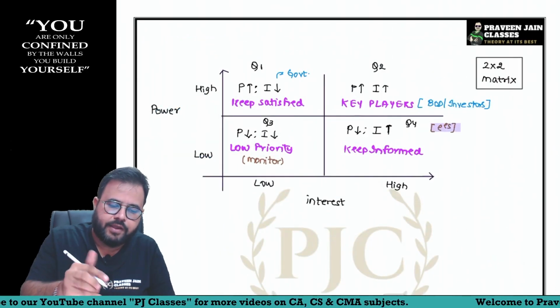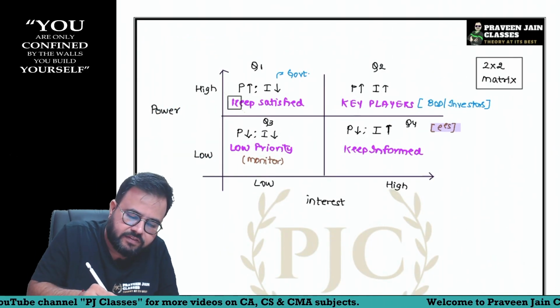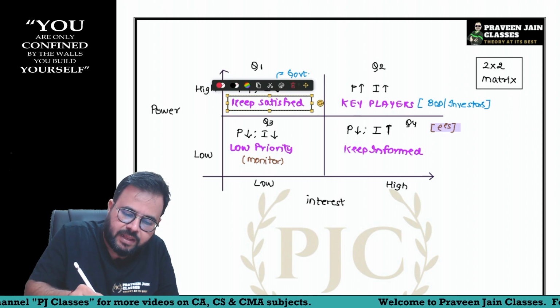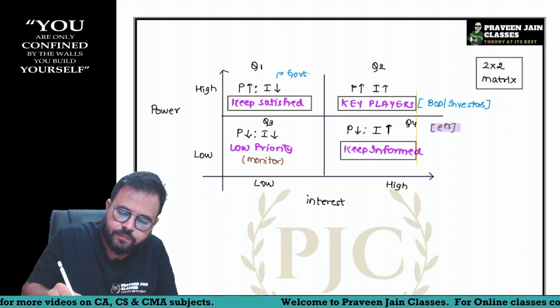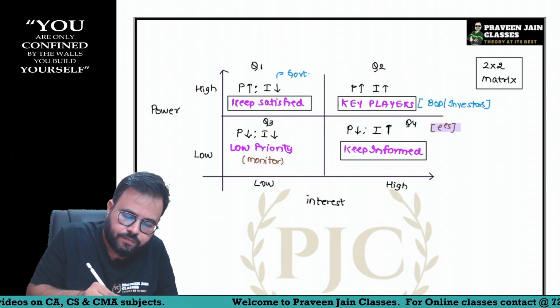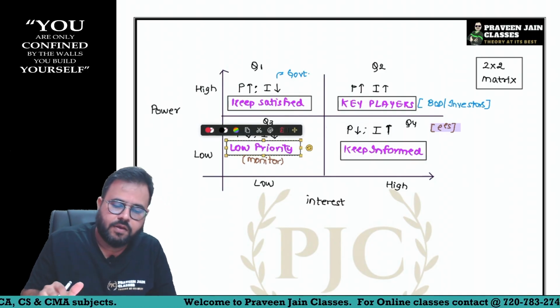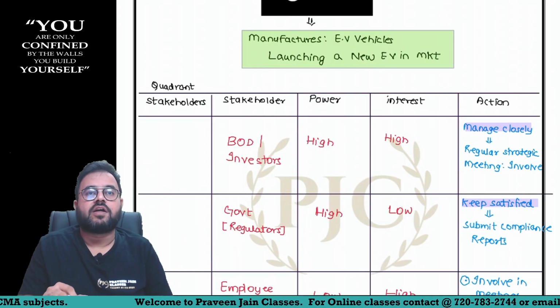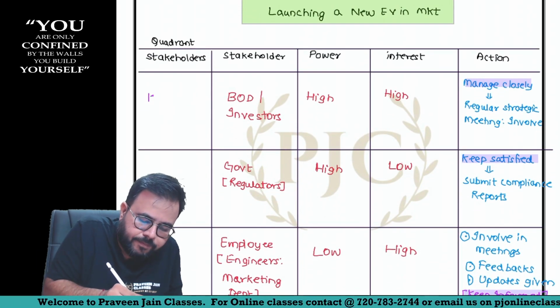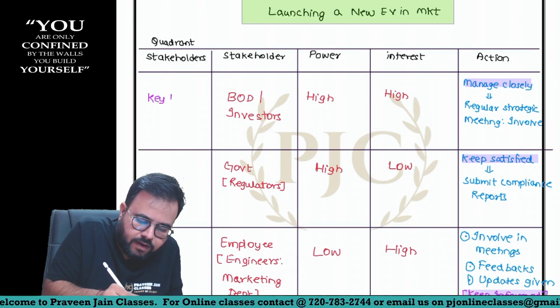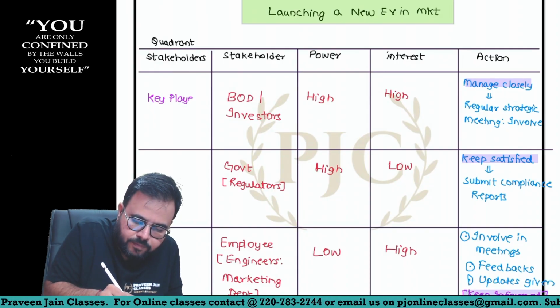Whatever I wrote with this color ink, that is the type of stakeholder. Okay, tell me Raja. What type of stakeholder is the board of directors? Can I say they are a key player? Key player, sir.